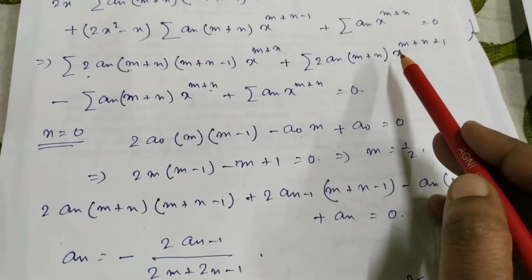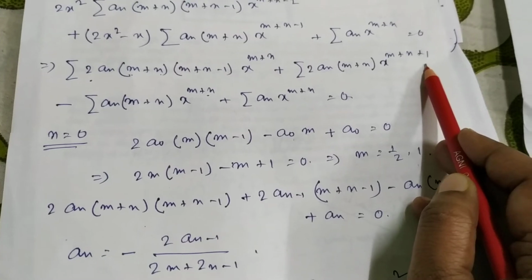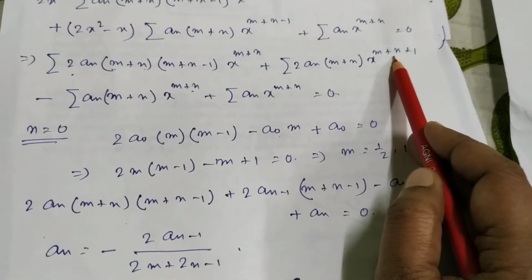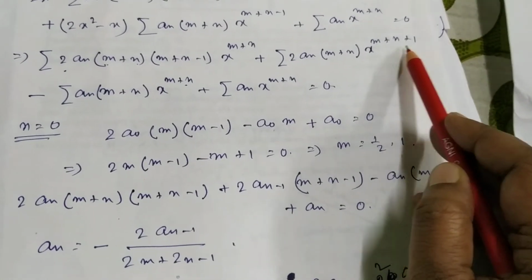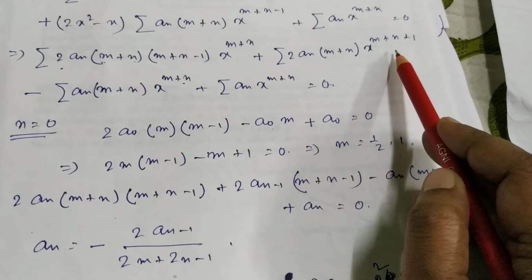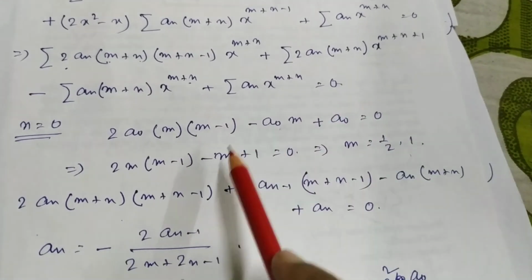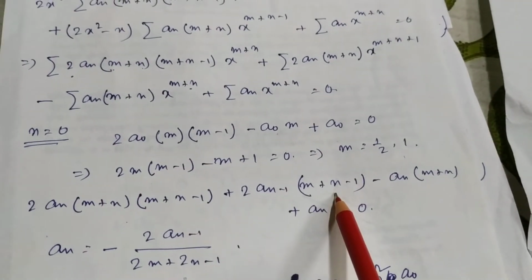Here x to the power m plus n minus 1, to get the term x to the power m plus n, we should put n equal to n minus 1. If we put n equal to n minus 1, then we will get the term x to the power m plus n. So that is 2a(n minus 1) into m plus n minus 1.